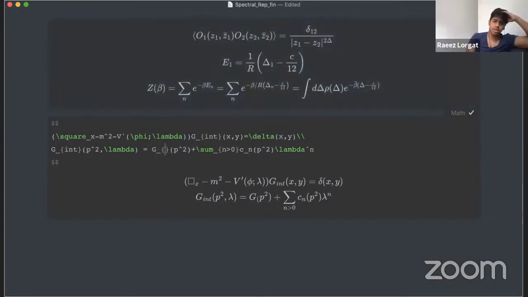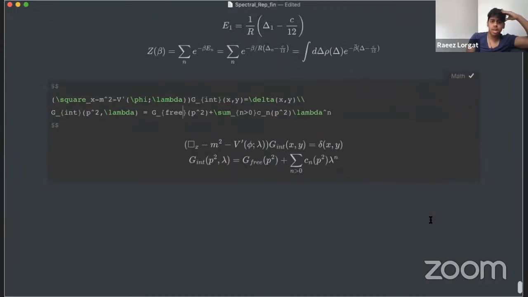I'm quite satisfied. And so at the end of the day, knowing an interacting theory can really reduce down to these coefficients, these c_n.